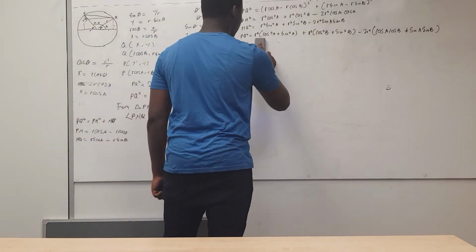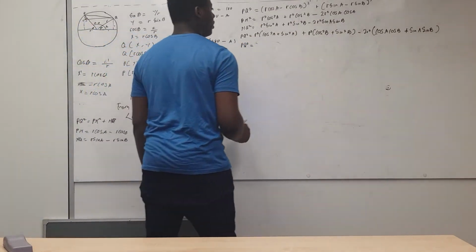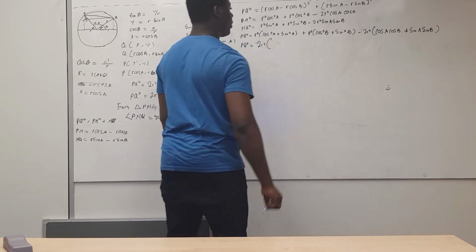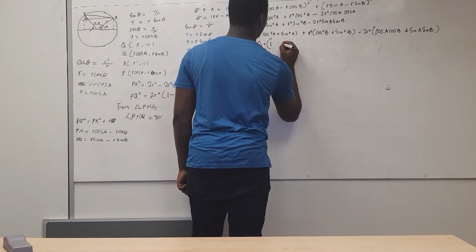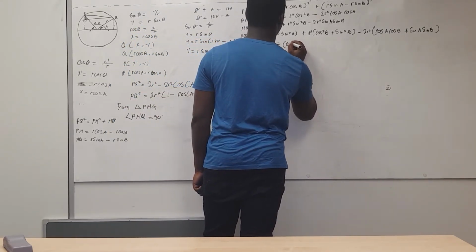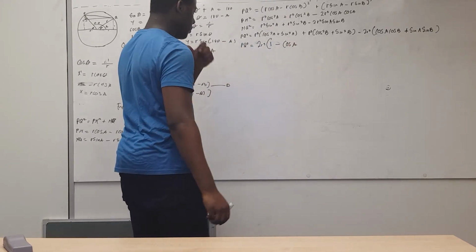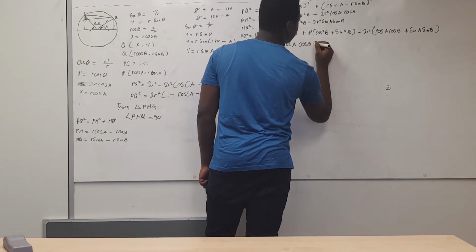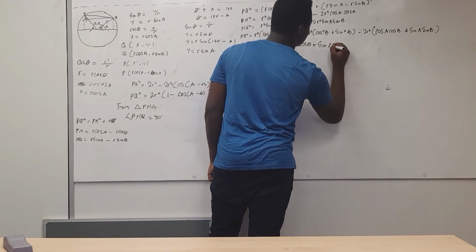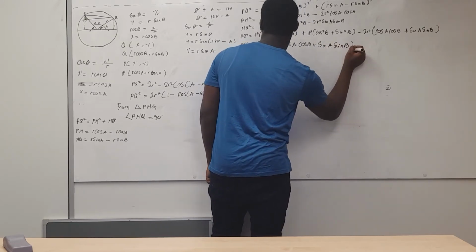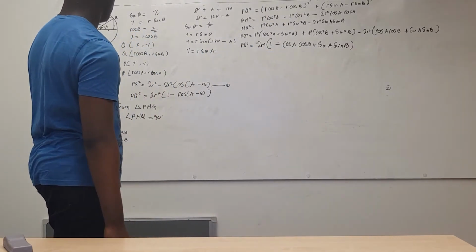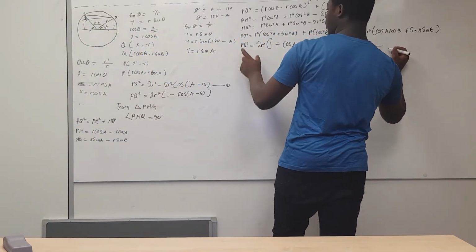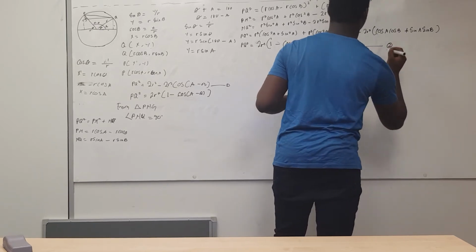Let's just factorize everything out once. So that's going to be 2r squared, open a big bracket, 1 minus cosine A cosine B plus sine A sine B. So this is another equation for PQ squared, that's equation 2.